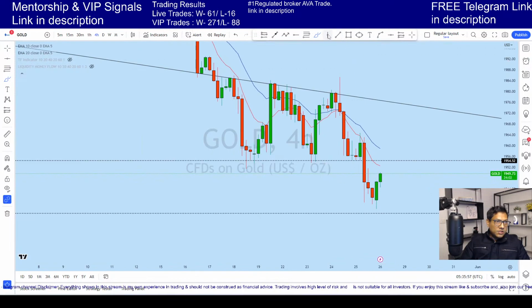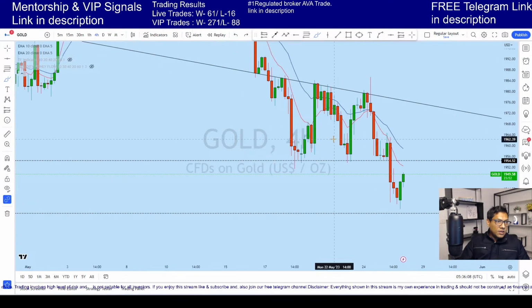We see with this massive liquidity grab during FOMC time, gold has created this move and has come to this support level here.